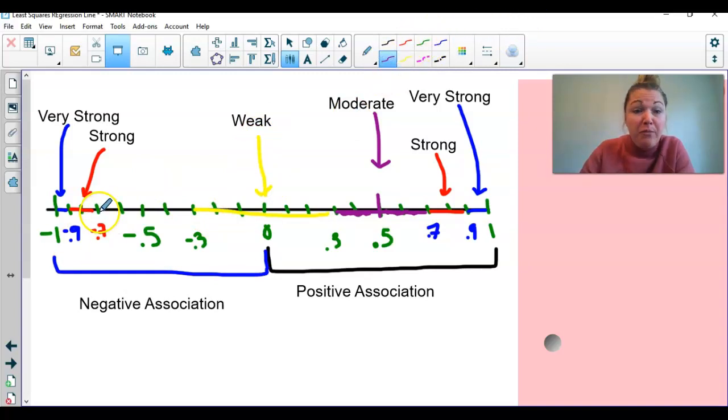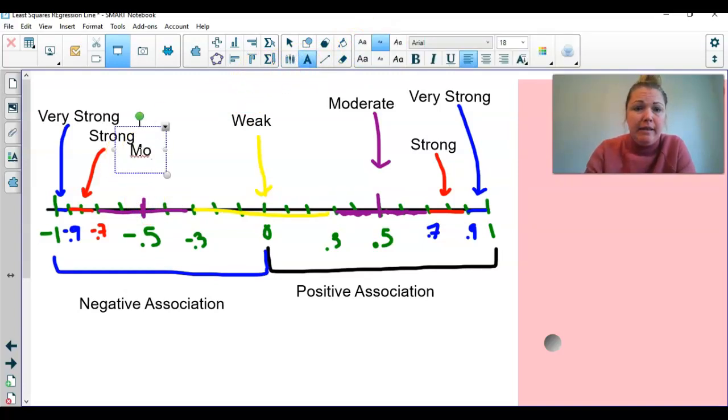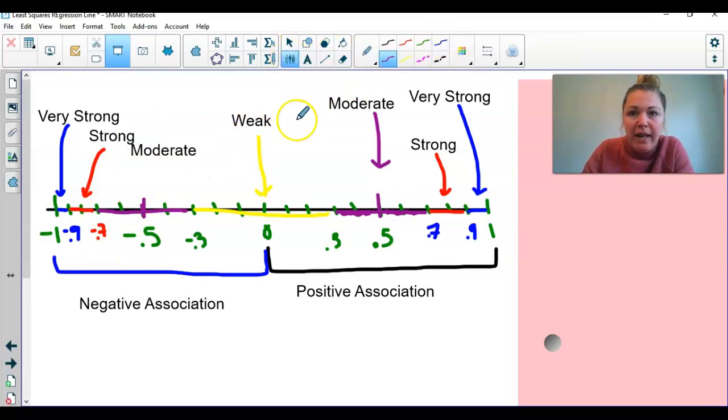From negative 0.7 to negative 0.3, I'm going to use this negative 0.5 as kind of my guidance. If I'm over on this region right here, I'm calling this moderately strong. But if I have like a negative 0.4, I'm calling it moderately weak. So anywhere in this region, we're saying we have a weak relationship.